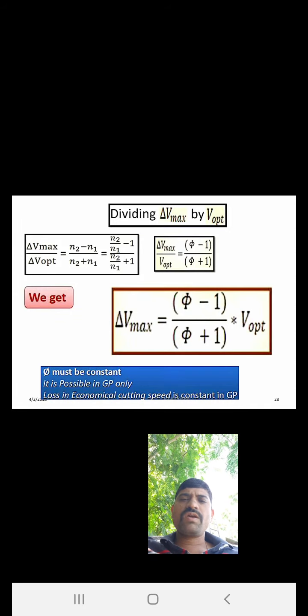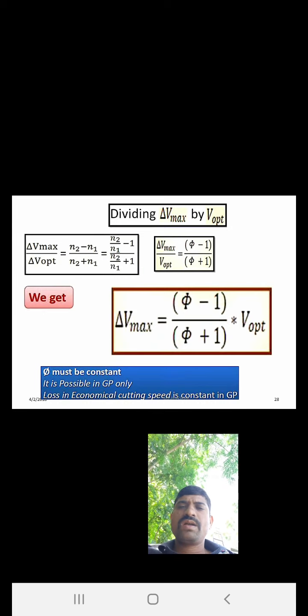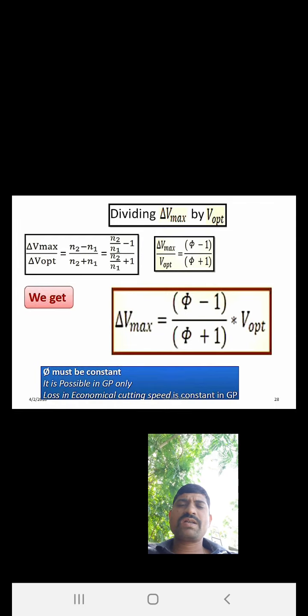If you divide this and find out the value, then you will get phi minus 1 divided by phi plus 1, so delta v max is equal to (phi minus 1) divided by (phi plus 1) into v optimum. Phi must be constant.